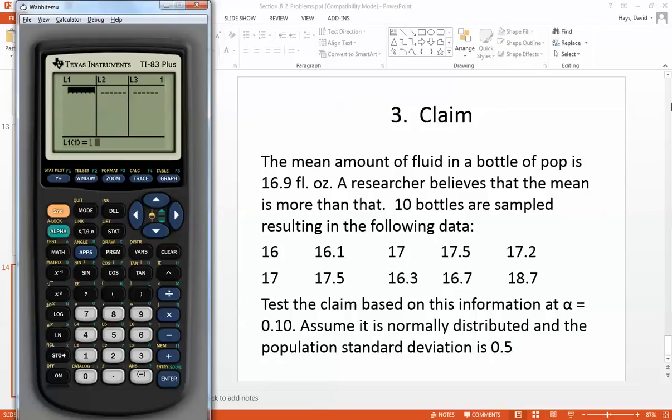Okay, so we got 16, 16.1, 17, 17.5, 17.2, 17, 17.5, 16.3, 16.7, and 18.7. Let me double check my numbers. 18.7, 16.7, 16.3, 17.5, 17, 17.2, 17.5, 17, 16.1, and 16. Exit out.